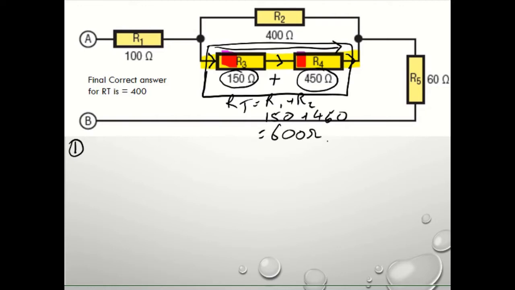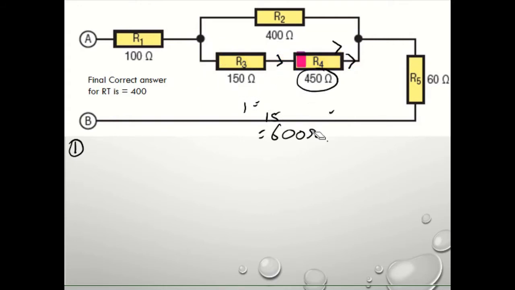Okay, so these could be replaced with this, because what we're trying to do is simplify this circuit. This resistor here and here could be replaced by a resistor of 600 ohms.